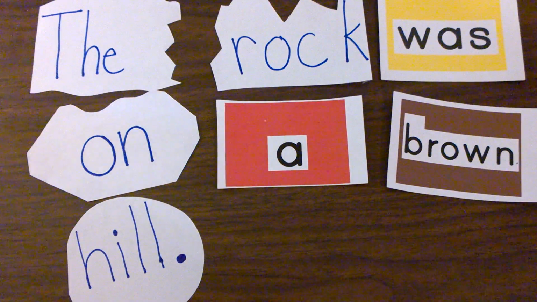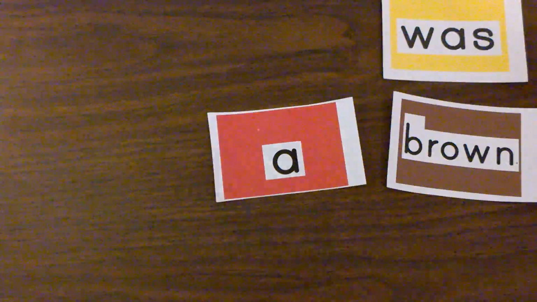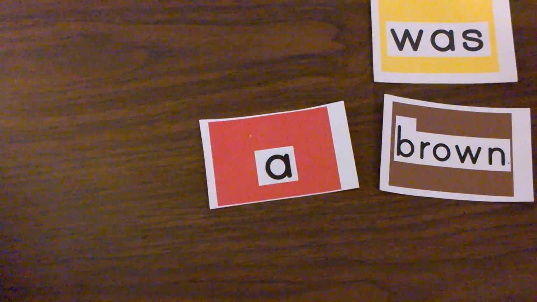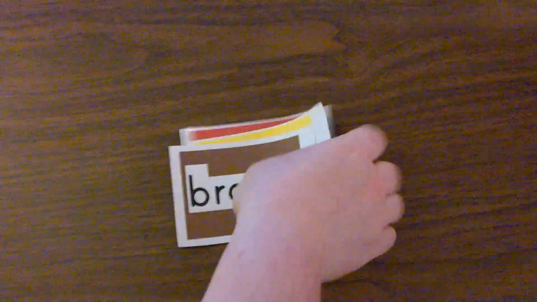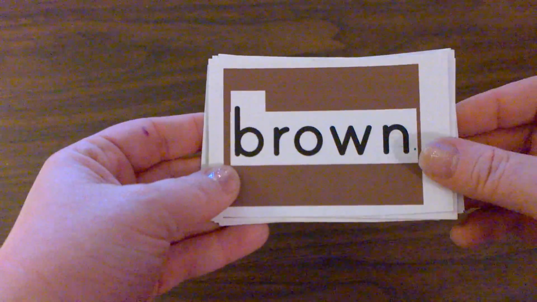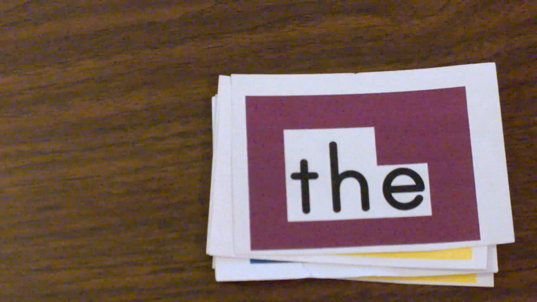I hope you've enjoyed learning all the sight words today. Let's quickly review all the sight words that we've learned in this video. See if you can say them before I do. Do you know this word? Brown. Was. A or uh. The.